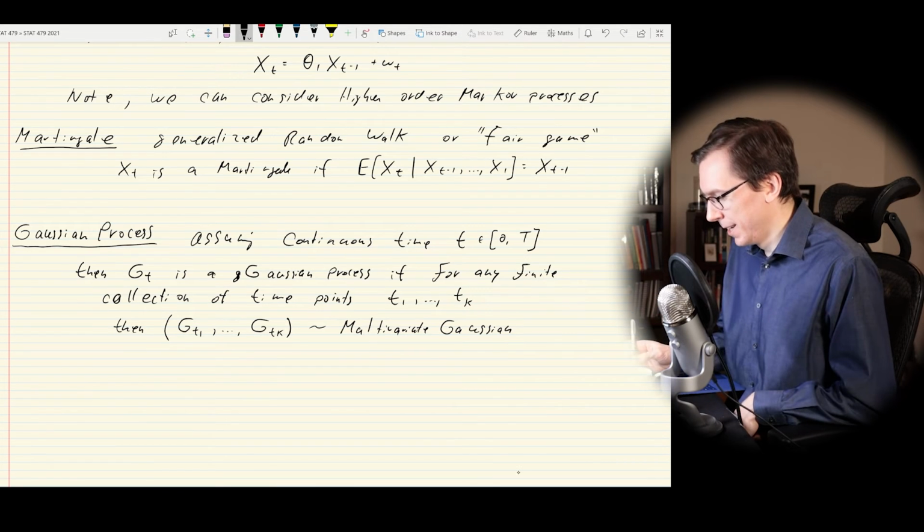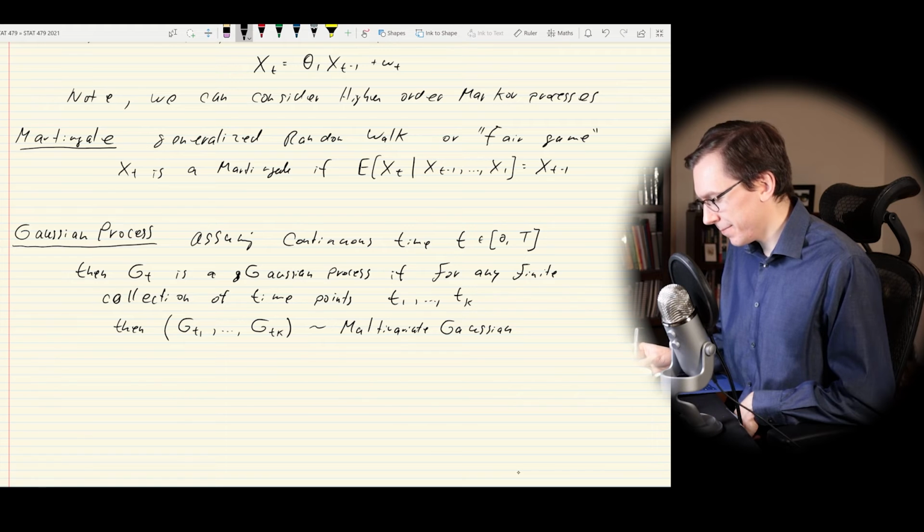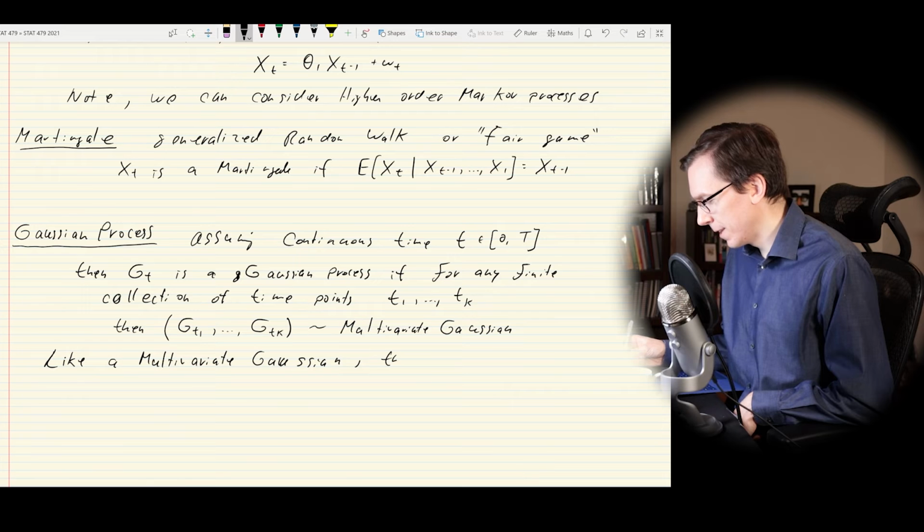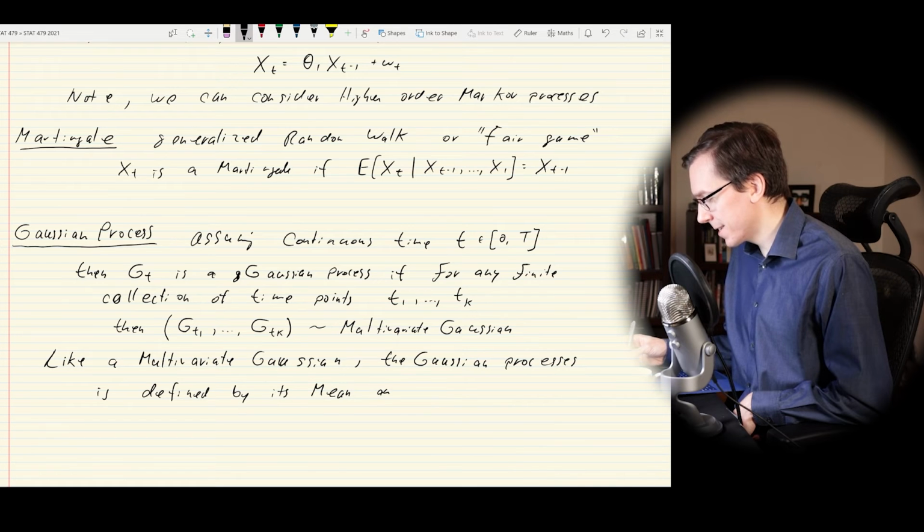But most importantly, we want to say that, like a multivariate Gaussian, the Gaussian process is defined or characterized by its mean and covariance.